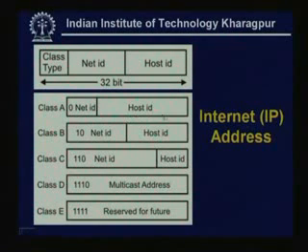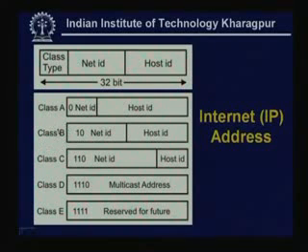So if a class A address is taken, and the number of hosts in a particular network is small, then a large number of addresses are wasted. On the other hand, if a class B address is taken, a good number of addresses are wasted, because usually in a single network you don't have 64 K addresses. With 16 bits you can have 64 K addresses, but you may not have that many.